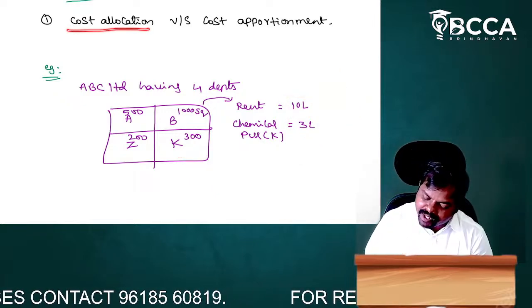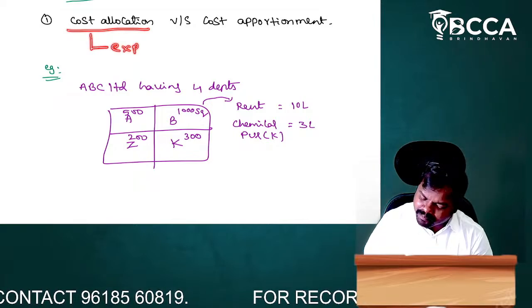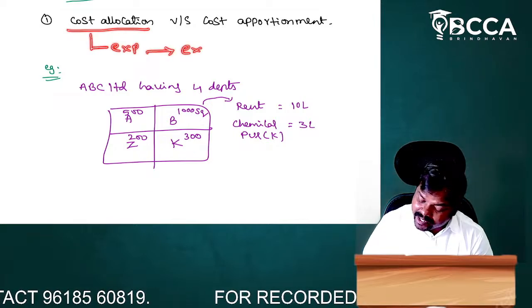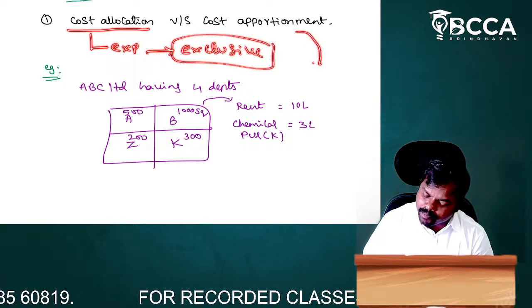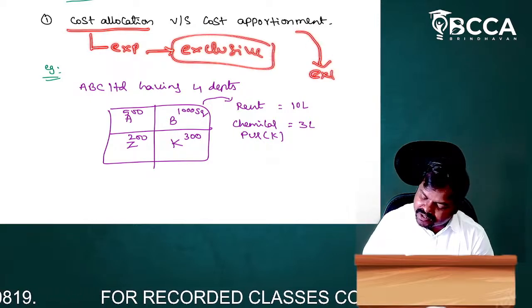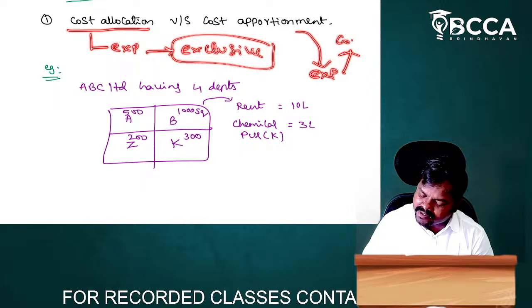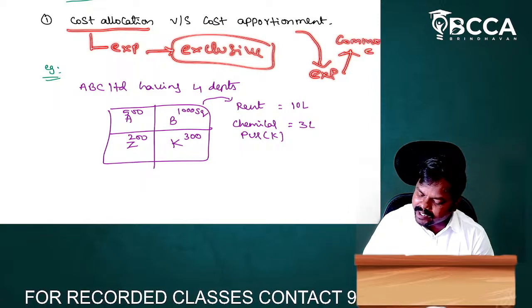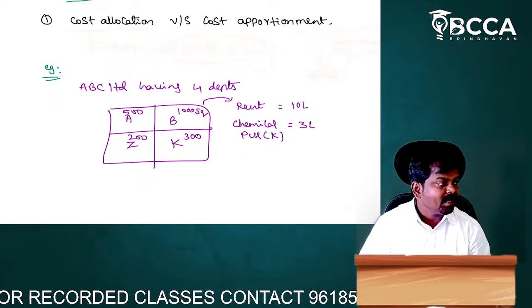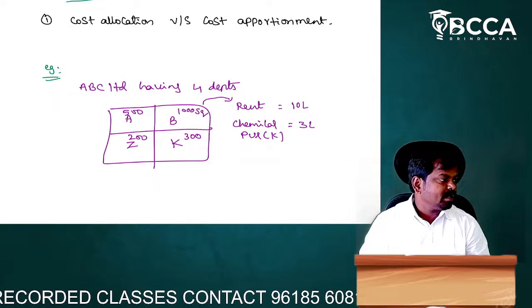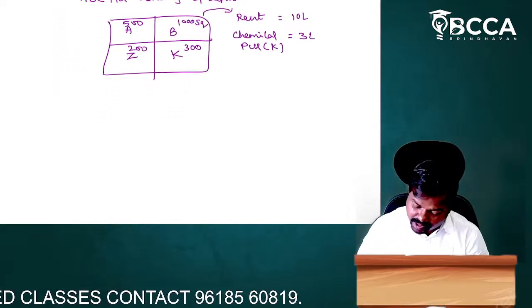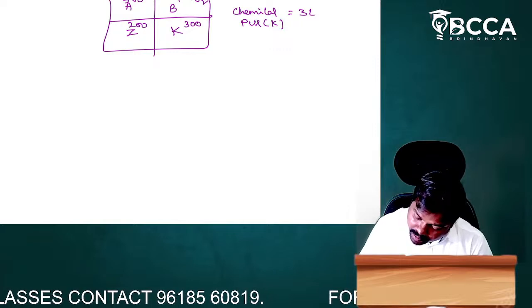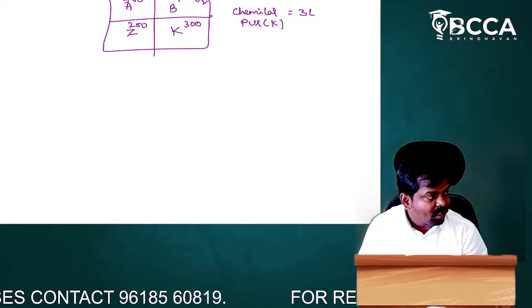Cost allocation means expenditure which is incurred exclusively. Cost apportionment means expenditure which is incurred as a common expenditure. Clear. Now tell me, my dear friend, expenditures how many types?